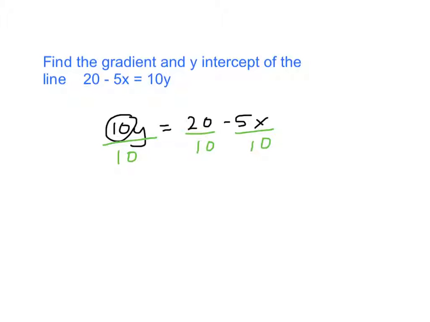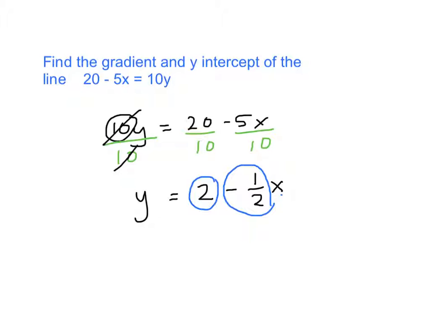So that leaves me with, cancel the 10s, y equals 20 divided by 10 is 2, minus, now 5 divided by 10 is the same as a half, x would be my formula. I can find my gradient. My gradient is a negative a half, that's in front of the x. My intercept is the number that's by itself.